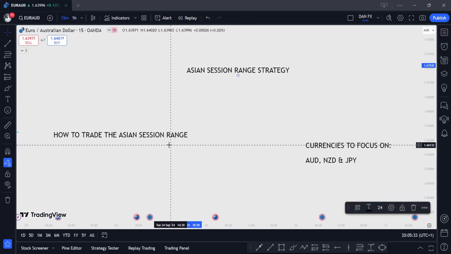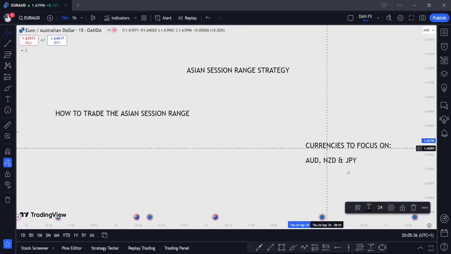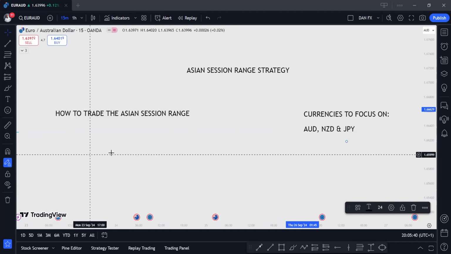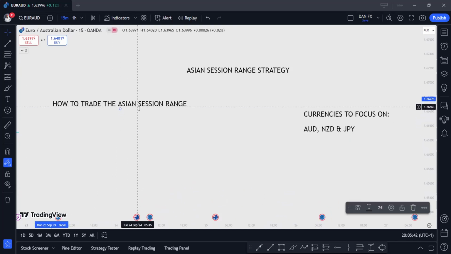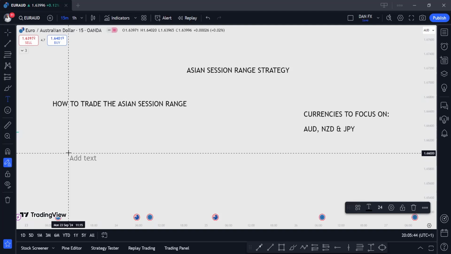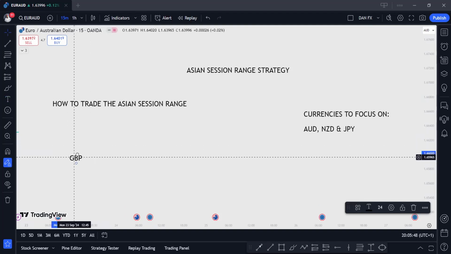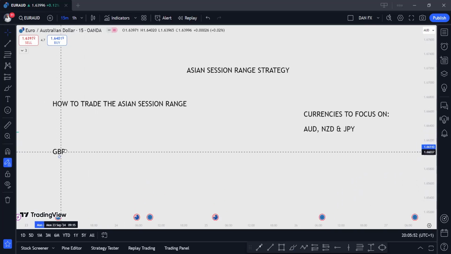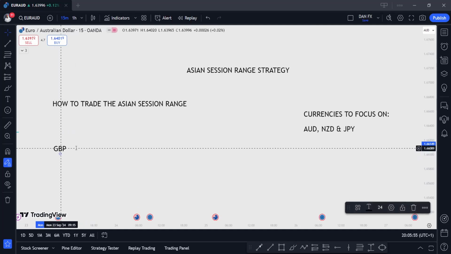When it comes to trading the Asian session, you have to choose the currency pairs that move during the Asian session, because each currency pair has its own session to trade. Now, if you're looking at pairs like GBP, any pair that has a GBP in it is most likely going to move during London session, because this is Europe.